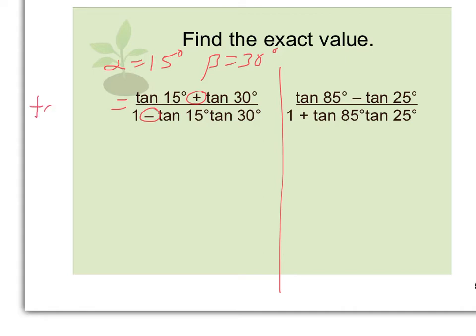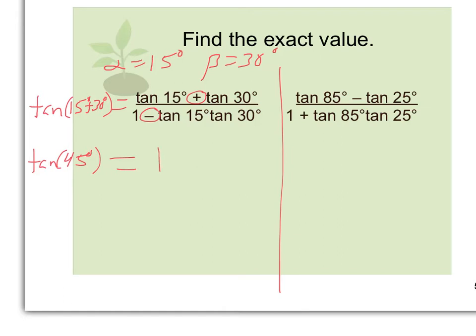That means I am using the sum formula. Okay, so I could say this equals tangent of 15 plus 30 degrees, which is the same as the tangent of 45 degrees, which is 1.